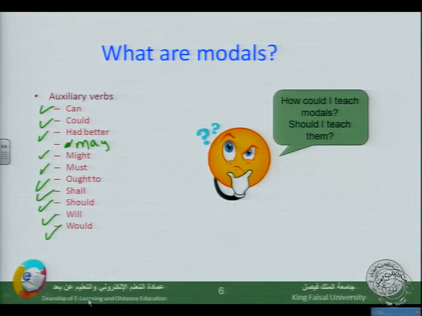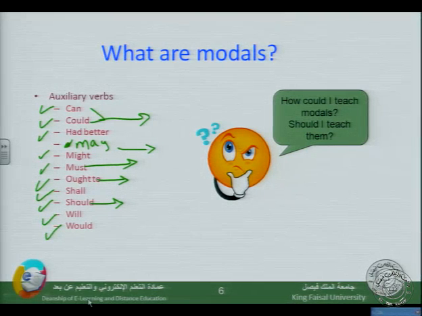For example, you can use can to talk about abilities. You may use may to talk about probabilities. You can use should to give advice. You can use ought to give advice and make suggestions. You can use must for obligations. You can use can and could for abilities.